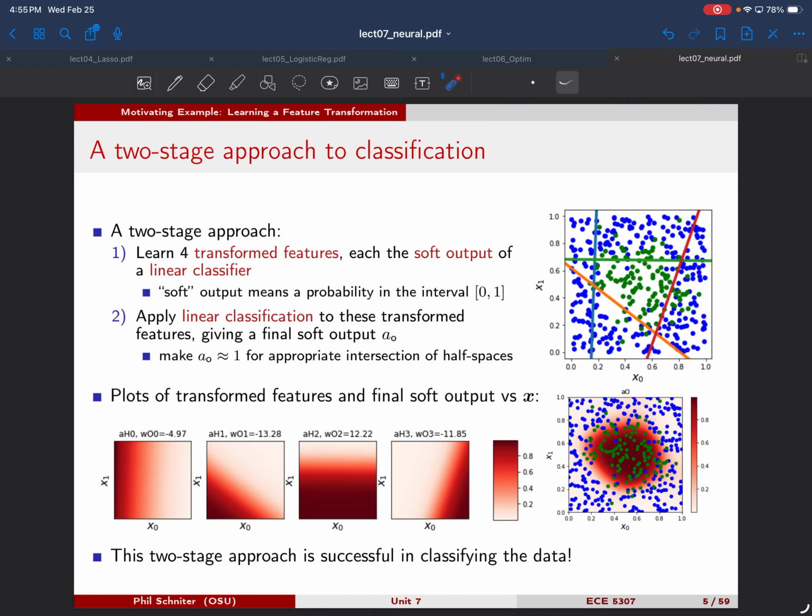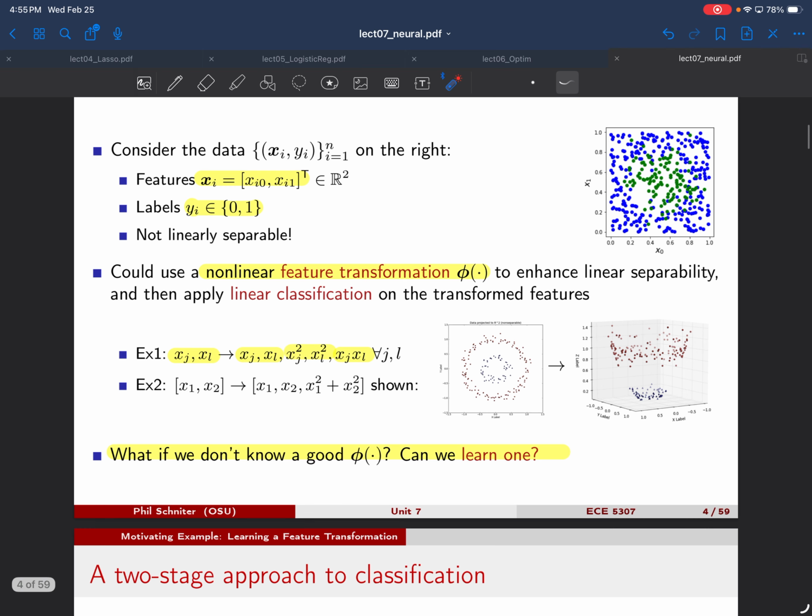In the first stage, we are going to generate our transform features. In the second stage, we're going to do standard linear classification according to logistic regression. We're going to learn 4 transform features. So, similar to how here we went up in dimension from 2 up to 3, we're actually going to go from 2 up to 4.